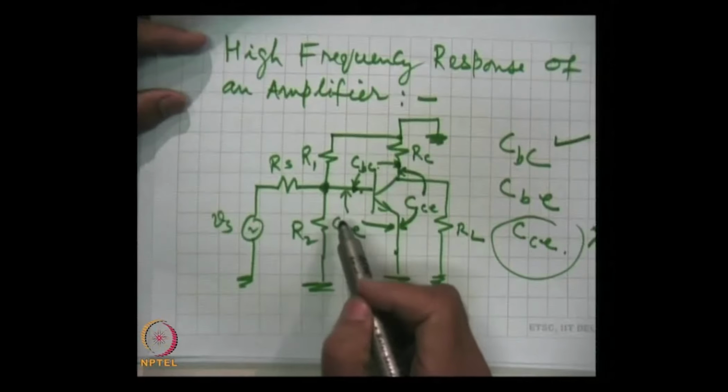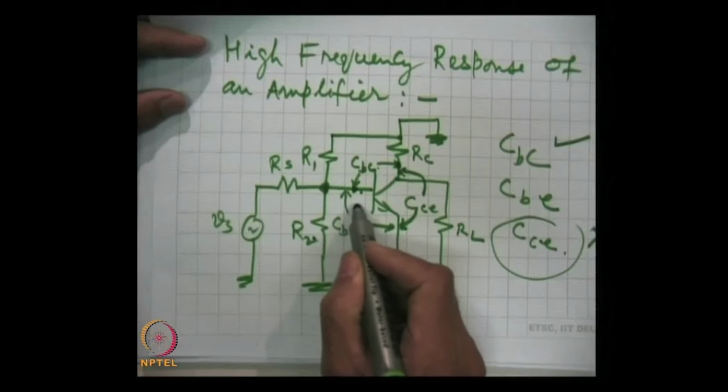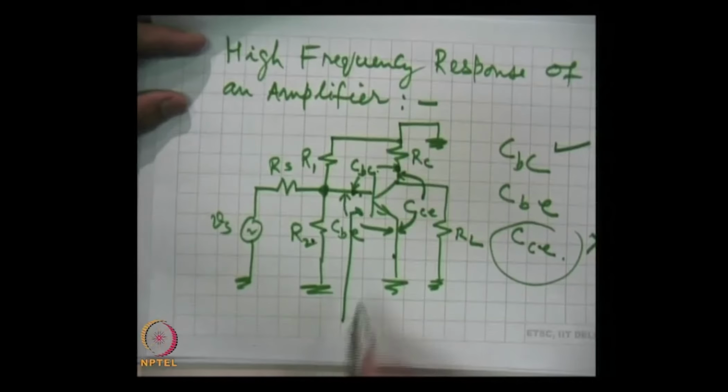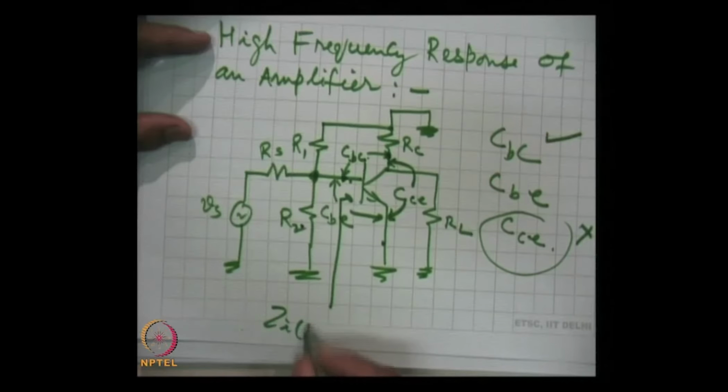When we draw the equivalent, then these two resistances will come in parallel, and to this will come in parallel this impedance, and this is we have called it ZI base.